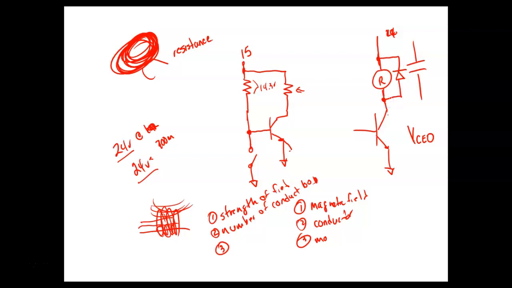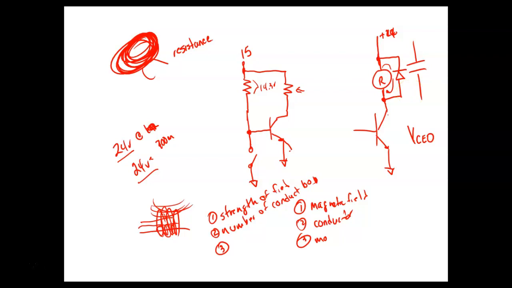We call this a flyback diode, so plus 24 volts is okay, right? But when I turn the transistor off, instead of the magnetic field going out, it's dropping back, so this counter EMF is in the opposite direction. The counter EMF would be shorted out through the diode.